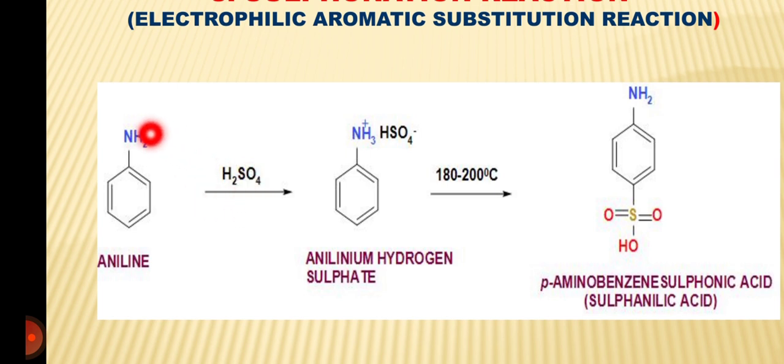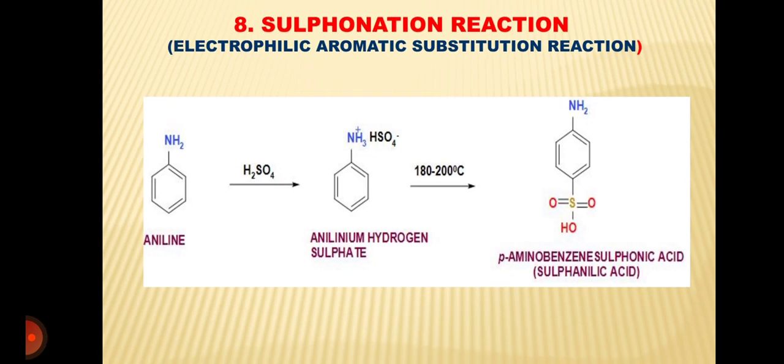So there is an acid-base reaction to form the corresponding salt, which is called anilinium hydrogen sulfate, which if heated at 180 to 200 degrees centigrade gives formation of para-aminobenzene sulfonic acid, which is also called sulfanilic acid. So here there is the migration of the sulfonyl group from the amino to the para position.